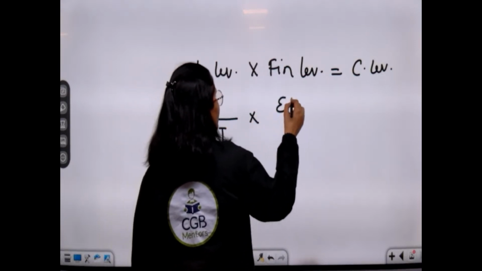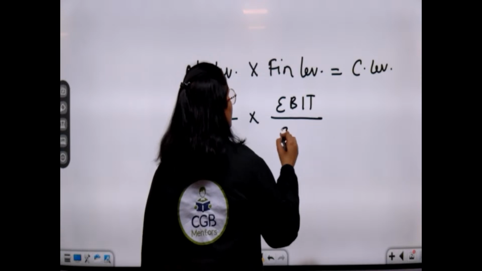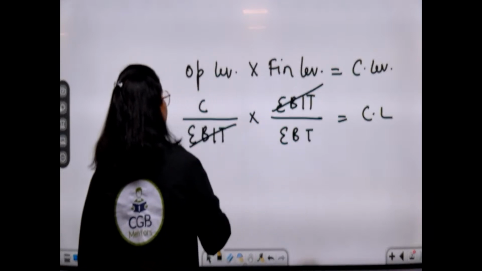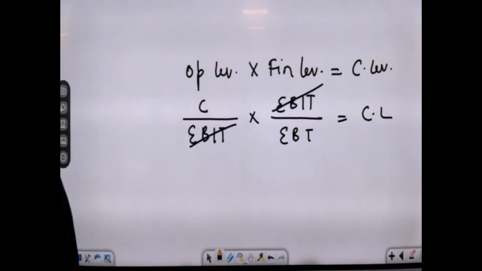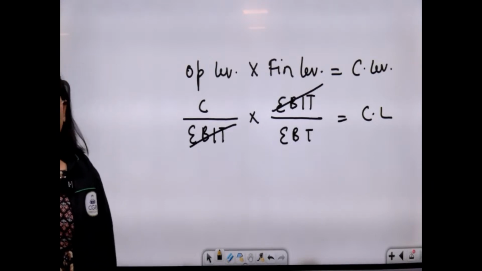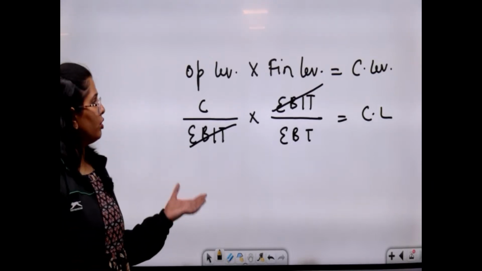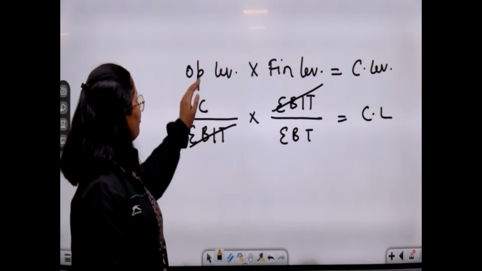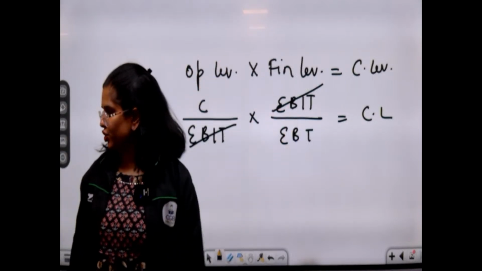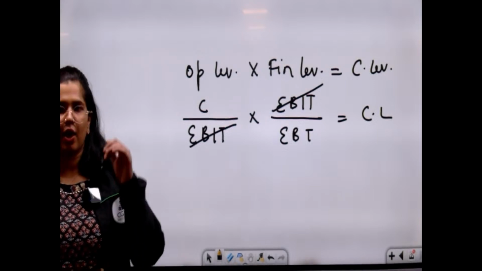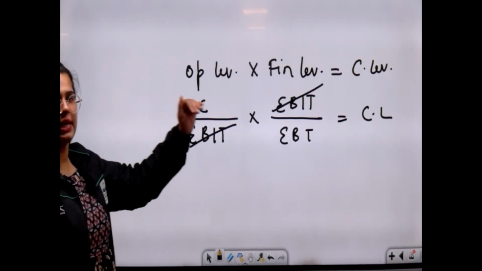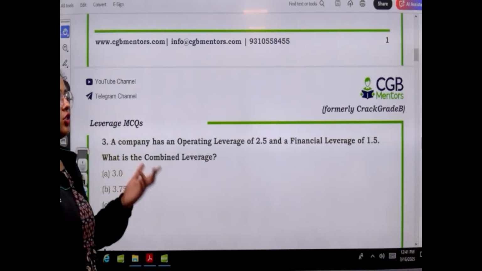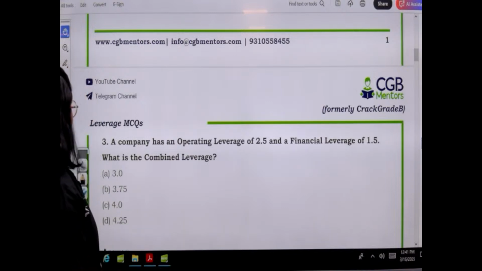The financial leverage formula is EBIT upon EBT. So clearly, the formula of combined leverage shall be C upon EBT, that is contribution upon EBT. You can calculate it through the formula also. Otherwise, if they have given you operating leverage and financial leverage, you can calculate it that way as well. Over here they have given me both the figures, so I'll just multiply 2.5 into 1.5 and I'll get my combined leverage.